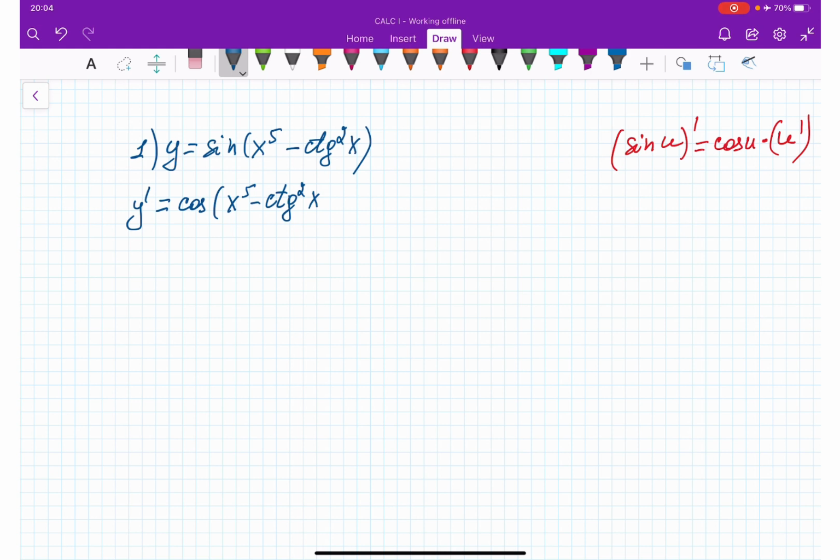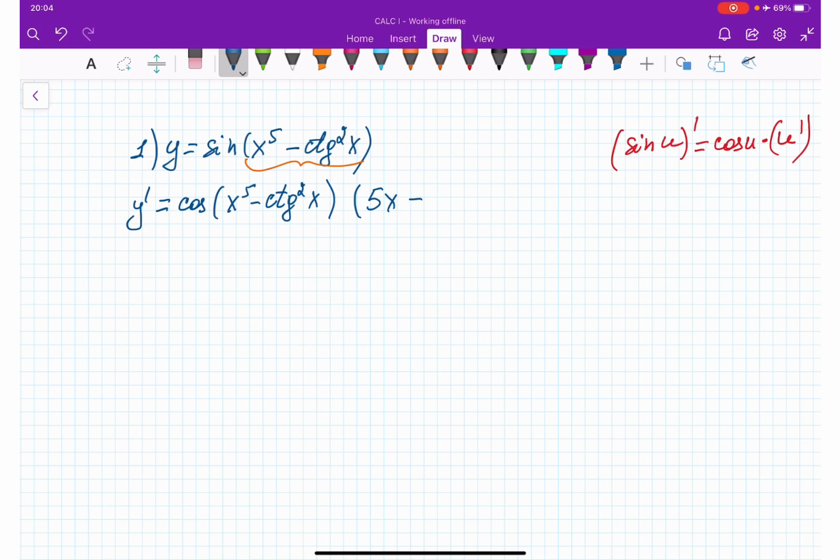Minus cotangent squared x, and then times the derivative of this u, of the sine, that's our u. So it's going to be 5x, minus, now cotangent squared x, I'm also going to get a chain rule.